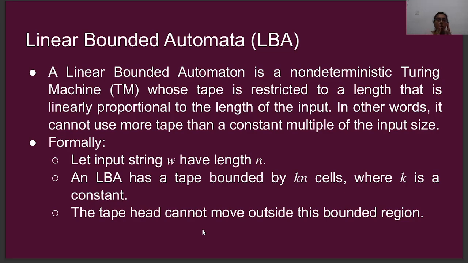So you can have constant multiples of that input length n, and the tape head cannot move beyond this bounded region. Whatever your kn size is, that is the maximum that you can use for the input. You can't do more than that.